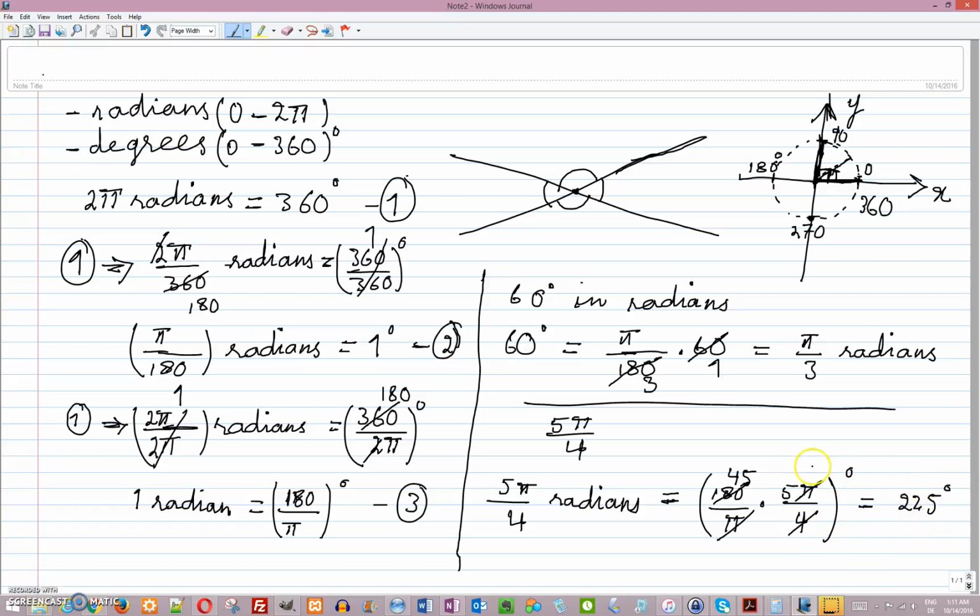So that's basically the basics of degrees and radians and how you convert between them.